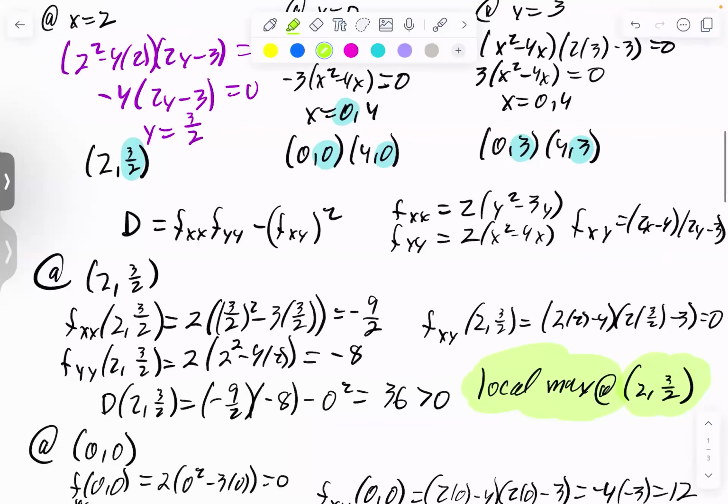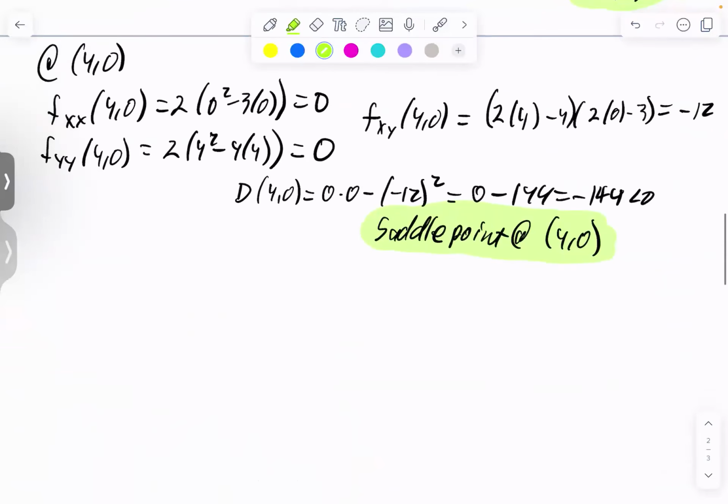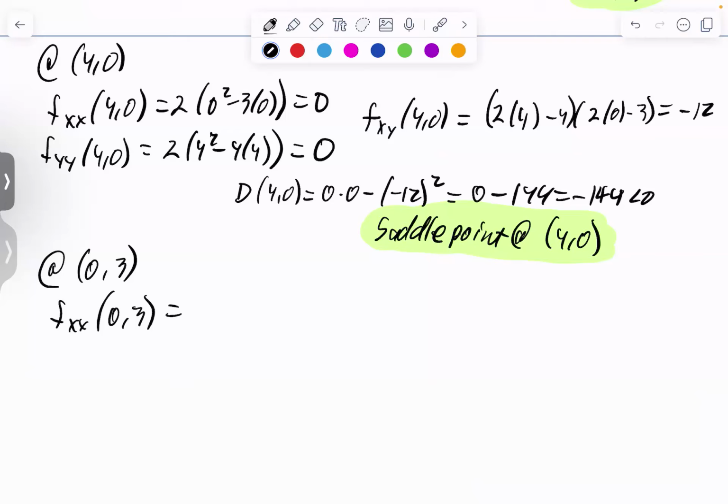We have 0, 3, and then 4, 3. So at the point 0, 3, we have f sub xx at 0, 3, which is 2 times 3 squared minus 3 times 3, which gives me 9 minus 9. Again, we get 0.